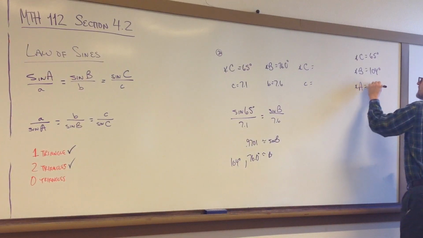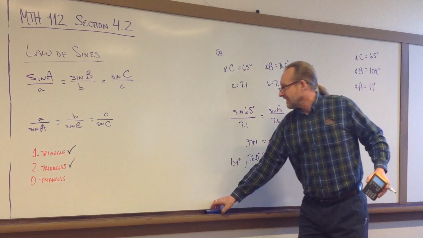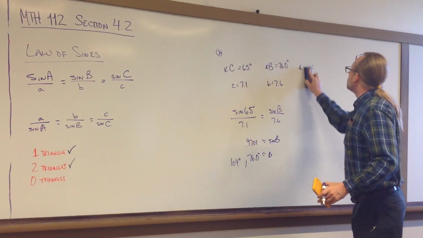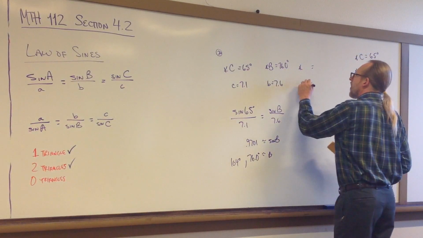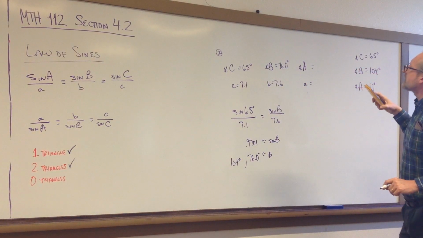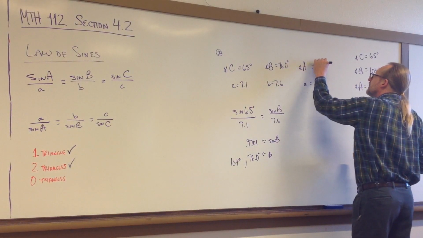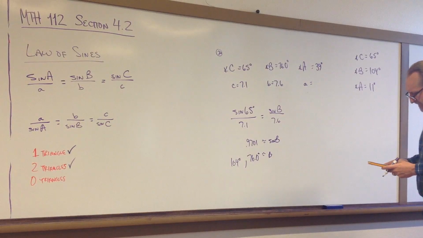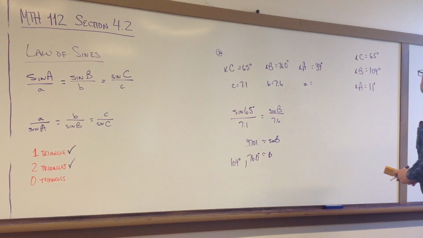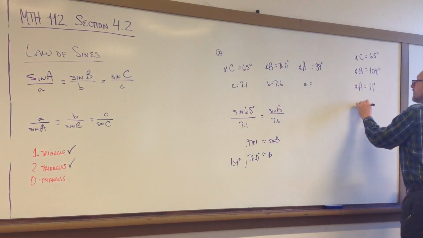That would leave 11 degrees for angle A. Oh, over here, these should be A's. There we go. So in this one, 65 and 76 is going to make 141. And that would leave 39 degrees for angle A. Okay, so we've got all the angles for the two possible triangles.